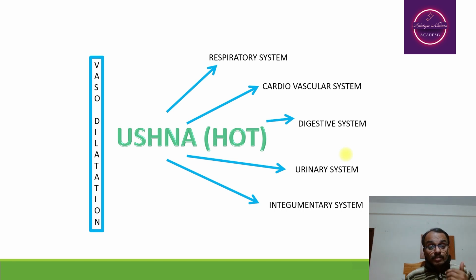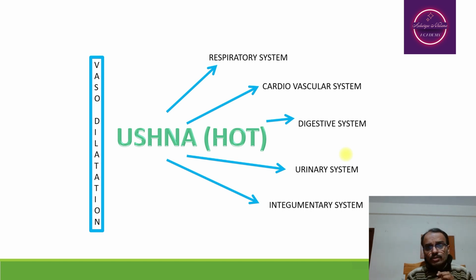Because of the exposure of hotness on the cardiovascular system, that is responsible for the increased basal metabolic rate in all the cells, which is responsible for increased metabolite secretion or production, which is going to get circulated all over the body. In that sense, the blood circulation is going to get increased. In the digestive system, the hotness results in increased blood circulation there. In the urinary system, there is increased urinary output, and in the integumentary system, increased blood circulation to the periphery.